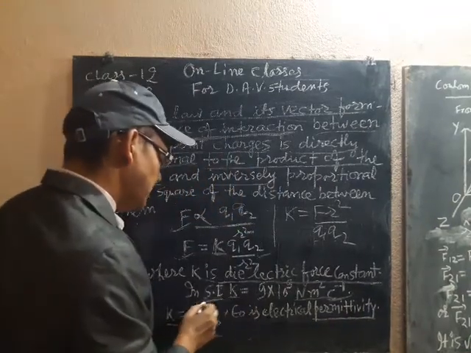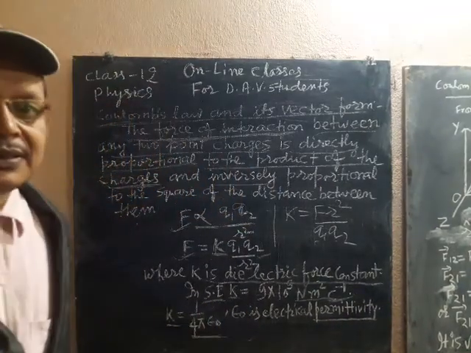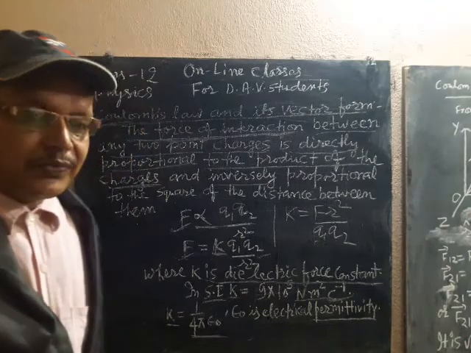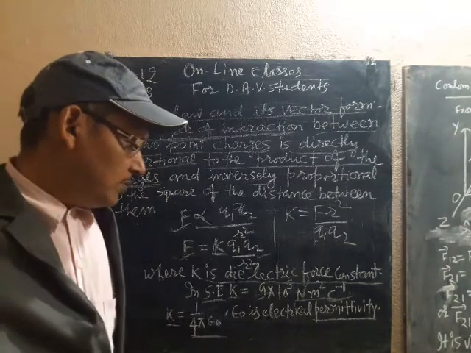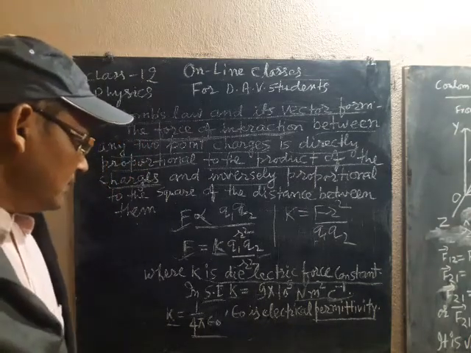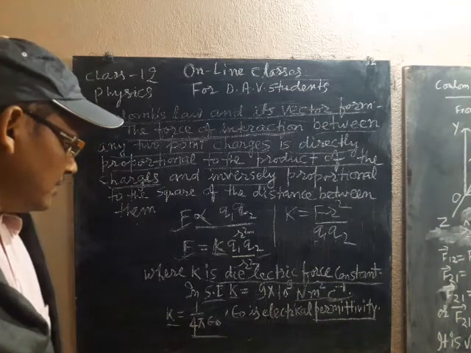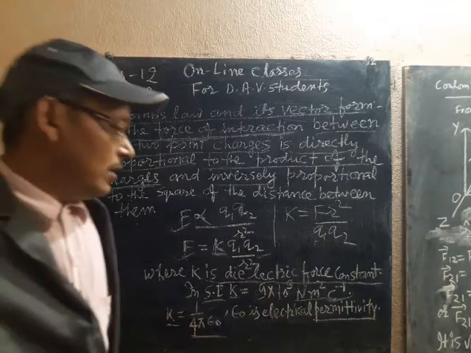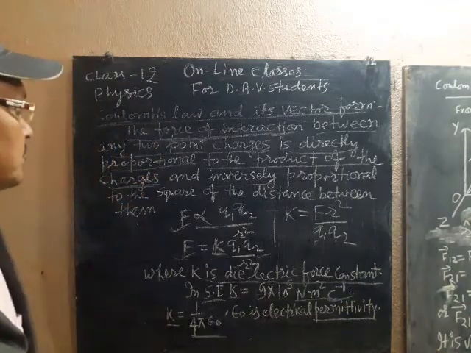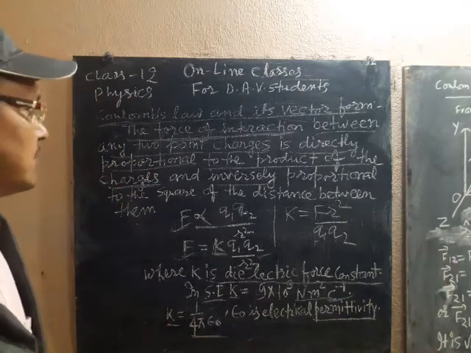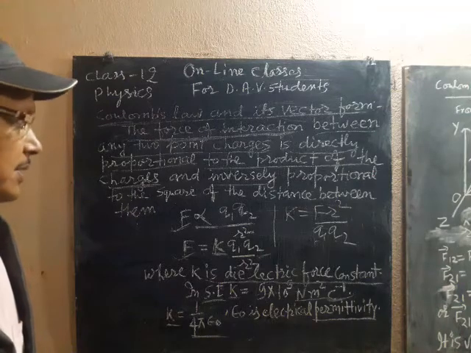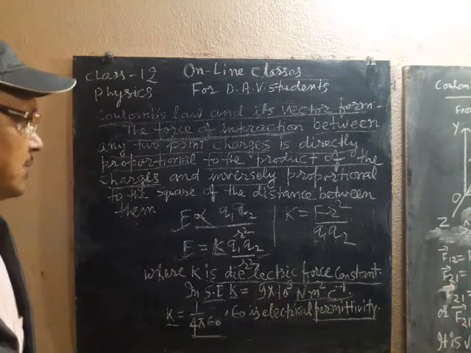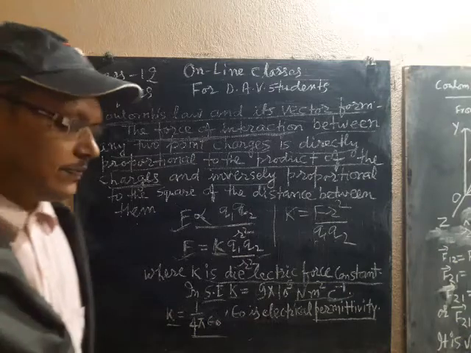While studying units and motion in this chapter, you can read about SI. I hope you are understanding Coulomb's law and its vector form. After this I will discuss the vector form.